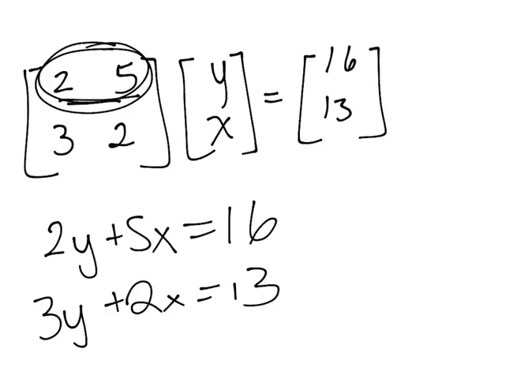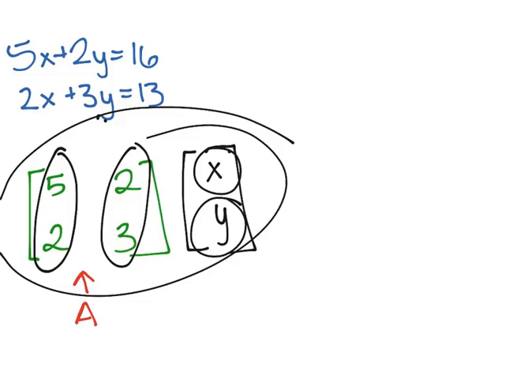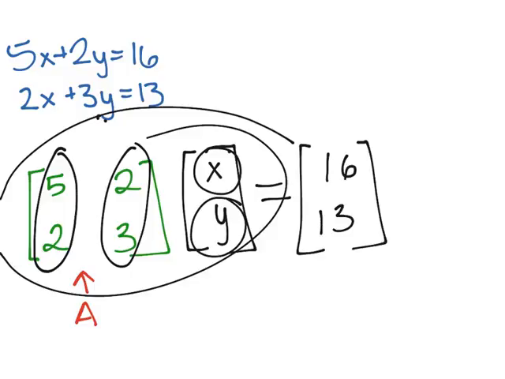But right now we have this right here, and we will work with this, and this is equal to 16 and 13. So now, as you might recall, we will multiply both sides by the inverse of A to solve for x and y.